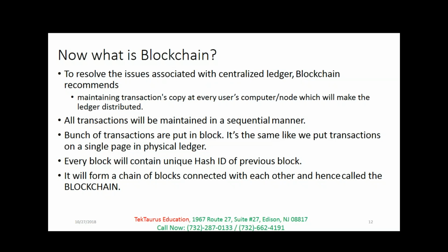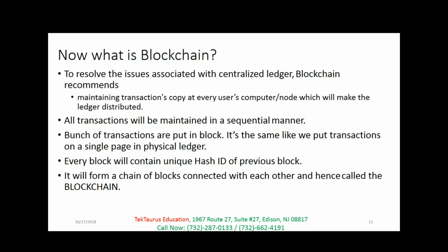When the page is filled, they turn the page and put transactions on another page. They maintain a daily ledger first, and then transactions are moved to the corresponding ledgers.